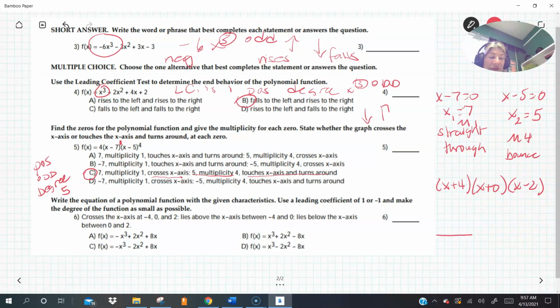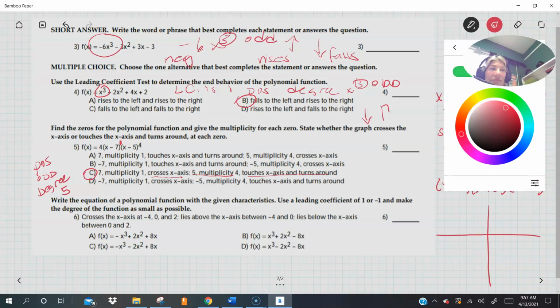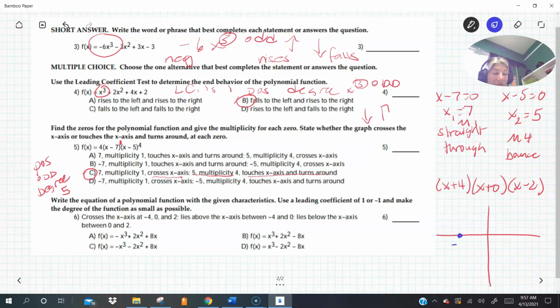So if I graph something that looks like that, -4 is here, 0 is here, +2 here.